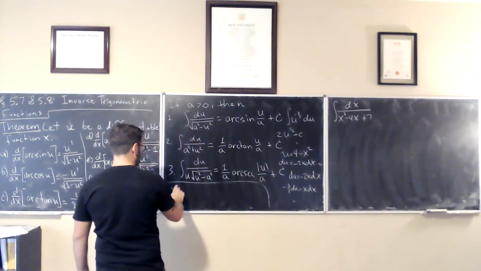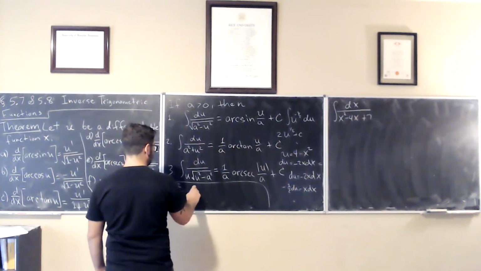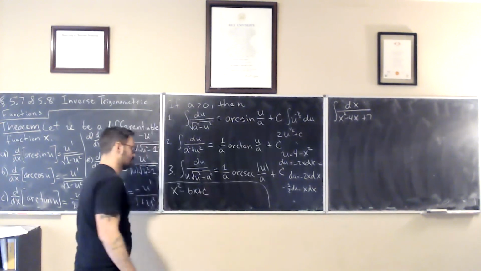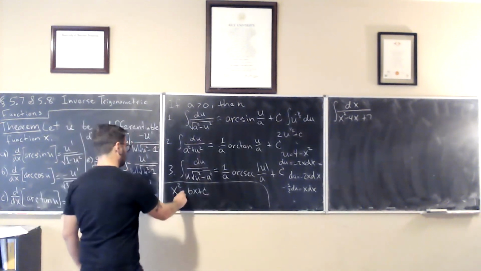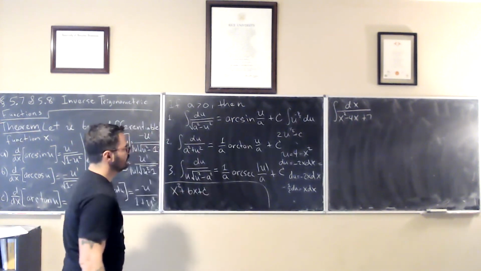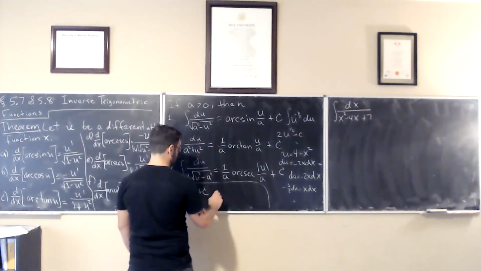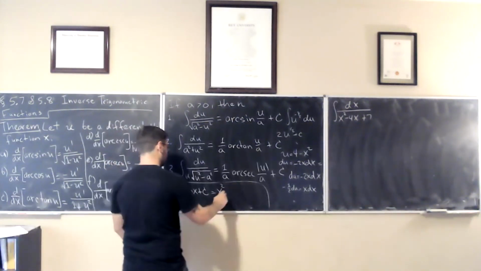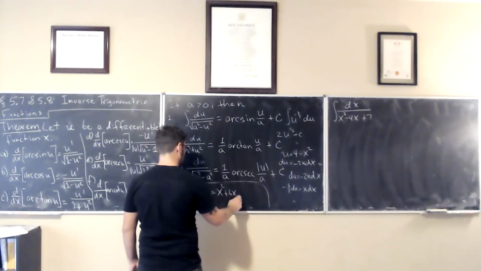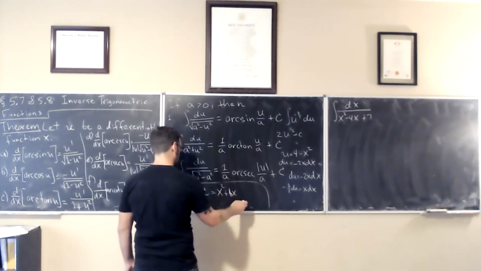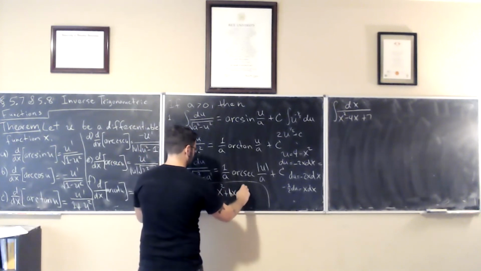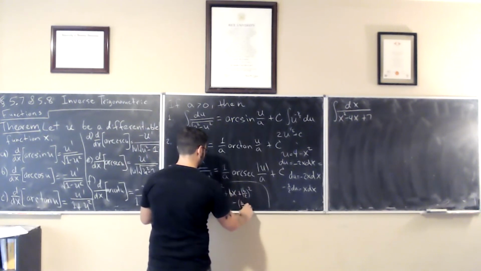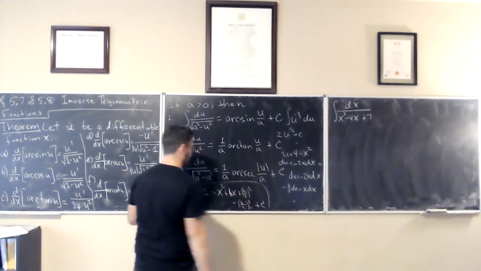If you have something that looks like this, you can take half of b and add and subtract it: plus b over 2 squared minus b over 2 squared, and you have your plus c there.